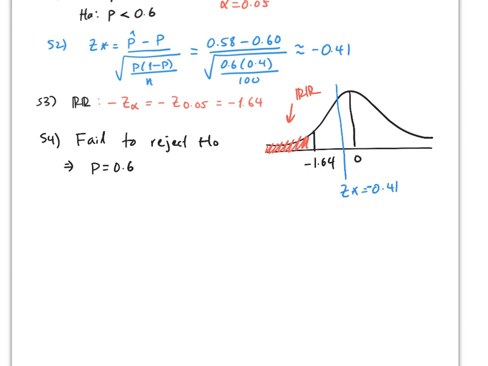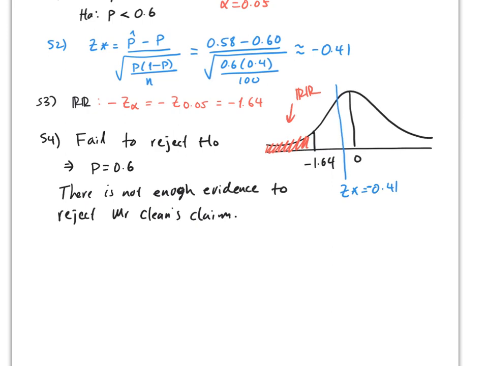Remember that this pretty much means that there is not enough evidence to reject Mr. Klein's claim. It doesn't mean he's completely right, it just means you don't have enough evidence to reject his claim.